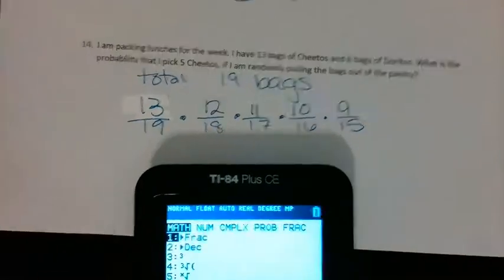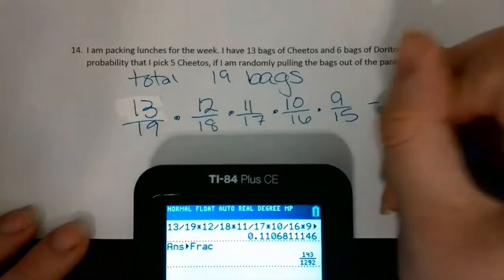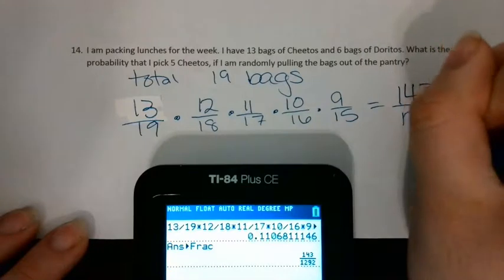And then I turn it back into a fraction, and I get 143 over 1292.